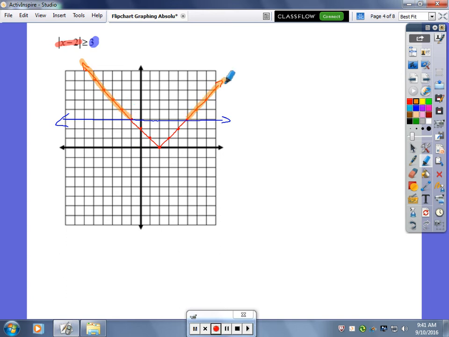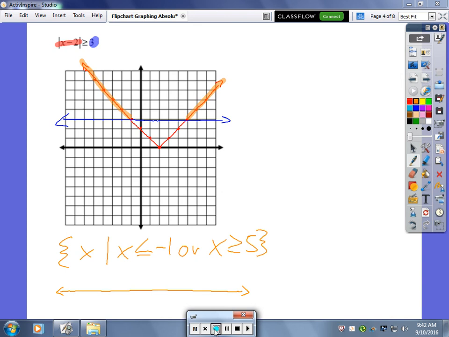And if we then think about the x values for which this is true, we can now state that the solution set is x such that x is less than or equal to -1, or x is greater than or equal to +5. This is our solution set for this inequality.